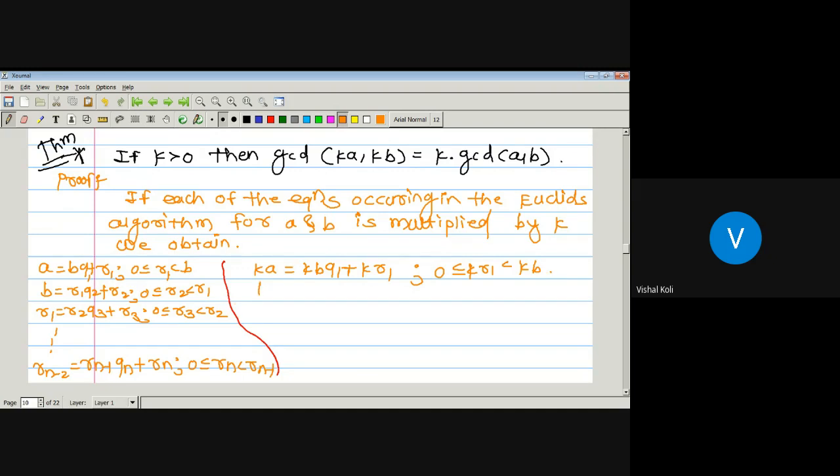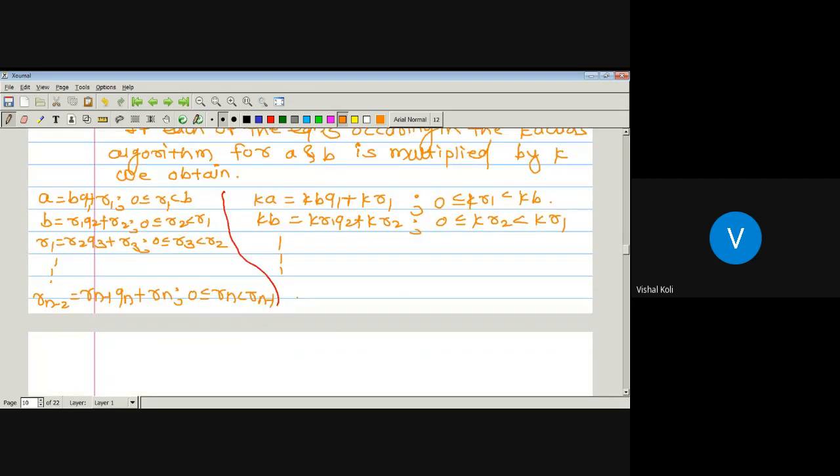Similarly, the second one becomes k into b is equal to k into r1 q2 plus k into r2, where 0 is less than or equal to k times r2, which is strictly less than k times r1, and up to so on. The last is k into rn minus 2 is equal to k times rn minus 1 into qn plus k times rn, where 0 is less than or equal to k into rn, which is strictly less than k into rn minus 1. Okay? Does anyone have any doubt in this?